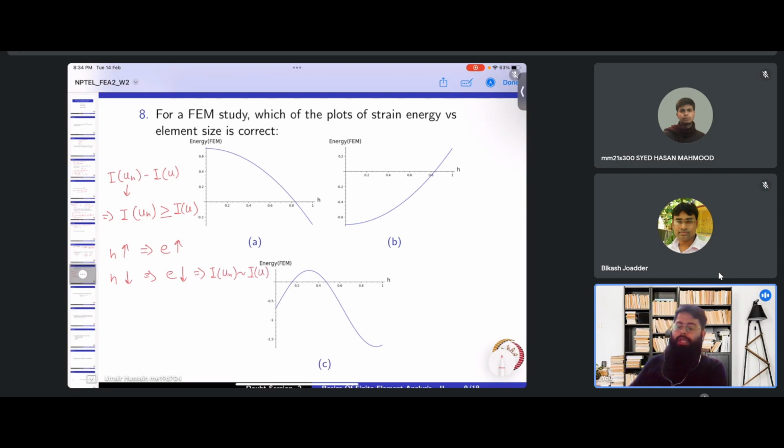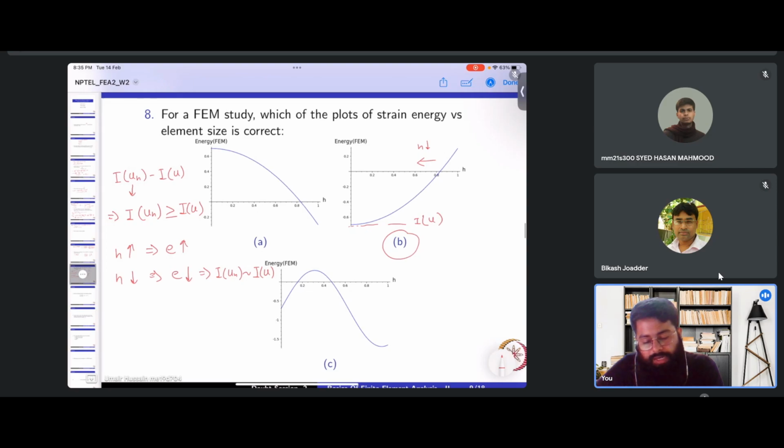So actually the energy would reduce as H reduces, which is happening in this case B here. As H is reducing in this direction, our energy is also reducing, and it is converging at this point. So the energy is reducing to the energy from the exact solution, right?